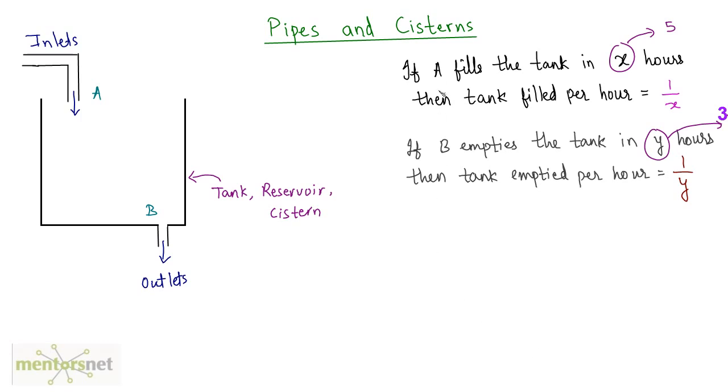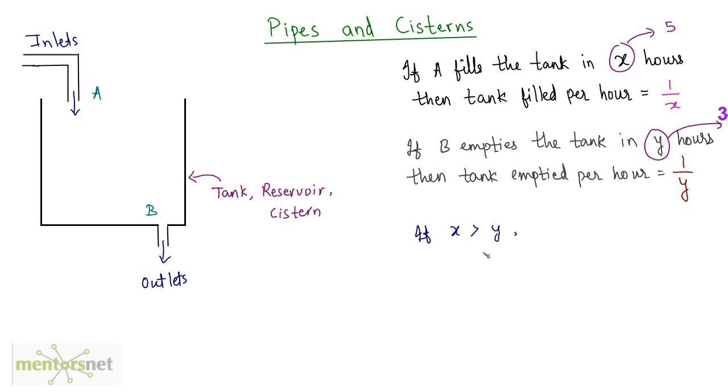This means that the rate of filling is less than the rate of emptying, because it is taking more time to fill the tank and less time to empty it. So if both A and B are open, the tank is going to empty slowly and slowly.